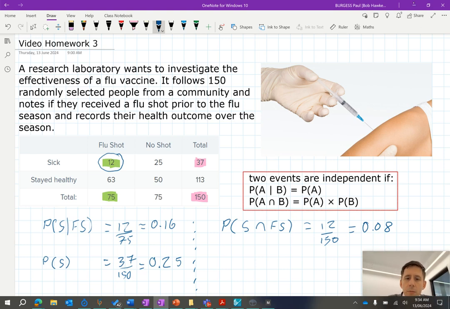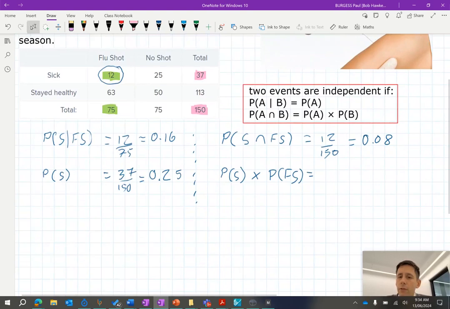So, probability of getting sick multiplied by the probability of getting a flu shot equals, I'm going to scroll this up so I don't have to write on my own face. Probability of getting sick is 37 out of 150 multiplied by how many people got the flu shot? 75 out of 150.